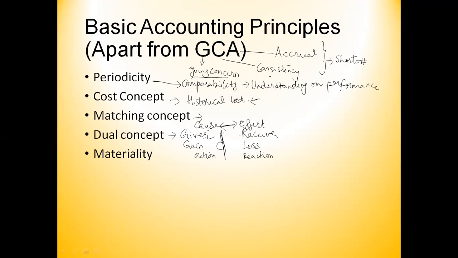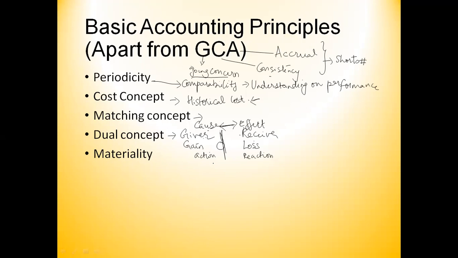Though the single entry system of bookkeeping is followed in a very primitive stage of business, we can say that the way of bookkeeping is only single entry. But we cannot deny that there are two entities or two people involved in every transaction, right? So also, when an individual gives, he also gets something in another form.